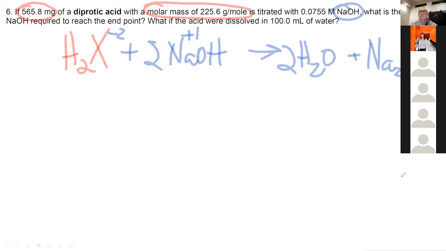So what's our next move? Since this is a stoichiometry problem, what are we going to need to figure out first?